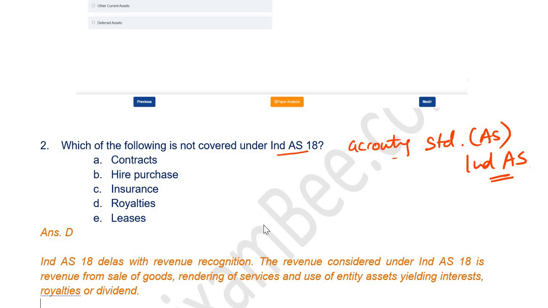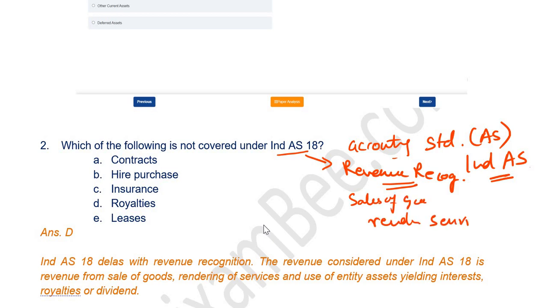So if you had covered that very easily, you will be able to know that Ind AS 18 relates to revenue recognition, and under this they identify 3 types of revenue: one from the sales of goods, the other from the rendering of services, and third is from use of certain assets, which leads to interests or royalties, right?